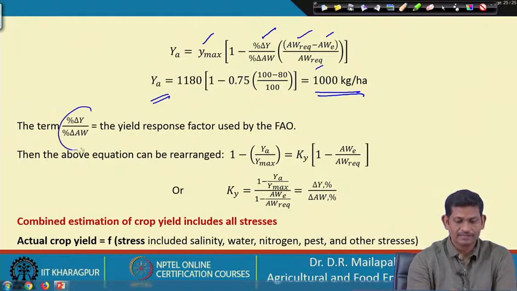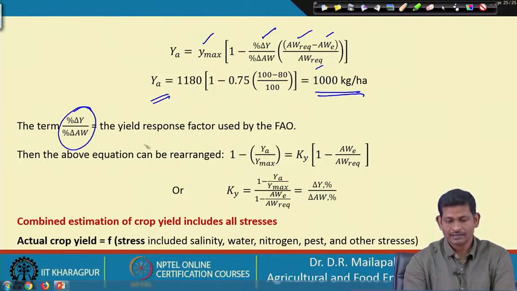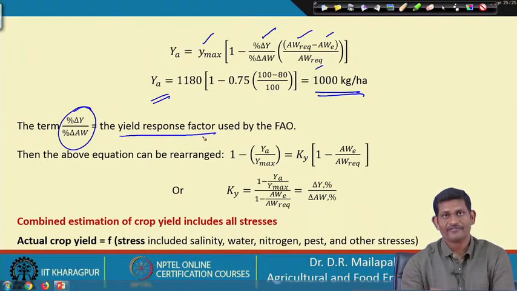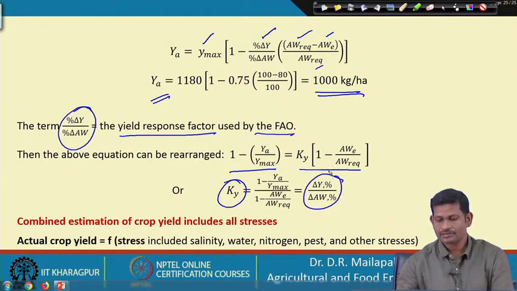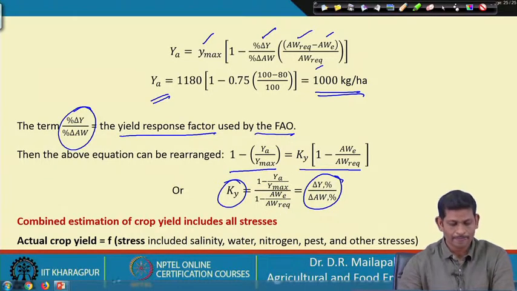This term is known as the yield response factor, defined by FAO. If you rearrange the terms, that will be 1 minus Ya by Ymax equals Ky into 1 minus AWE by AW required, and Ky, the yield response factor, is the slope, equal to 1 minus Ya by Ymax divided by 1 minus AWE by AW required.